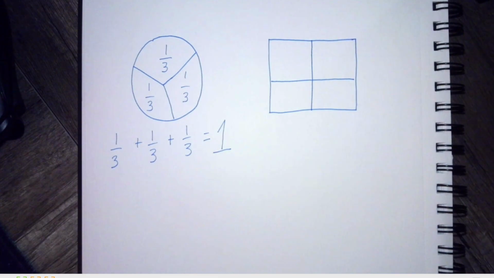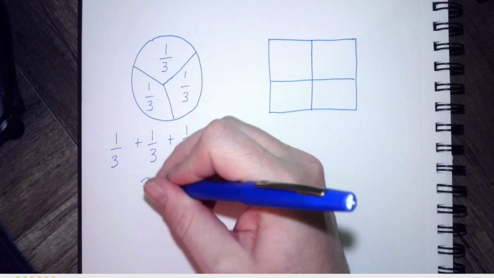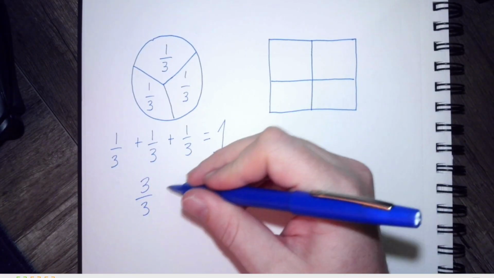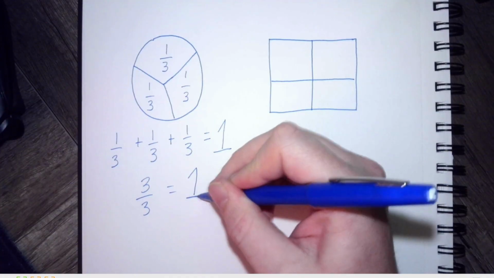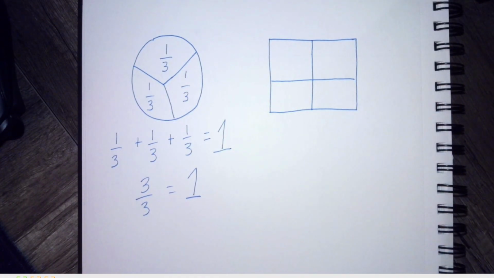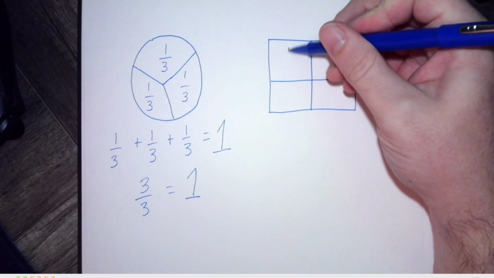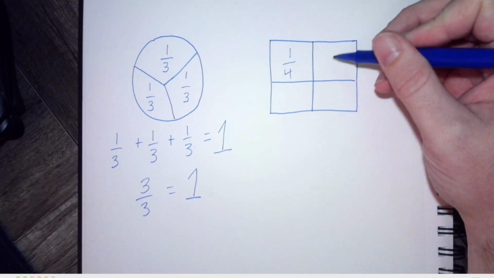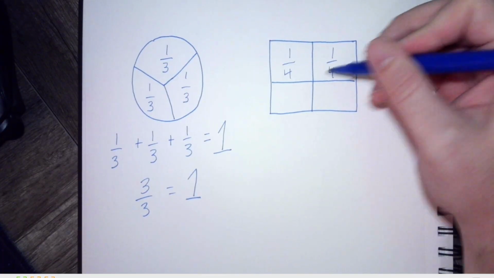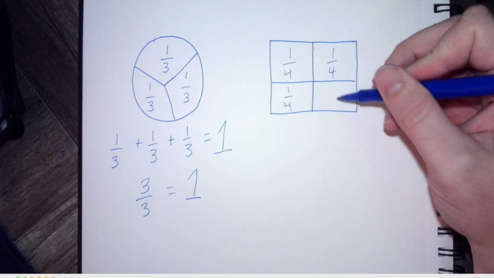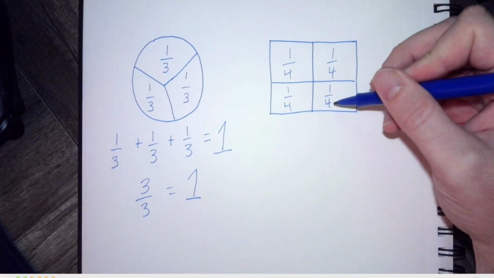Of course, we could also say it equals 3/3, but we know that 3/3 is also equal to 1 whole because you have 3 out of 3, or 1. If we go over here, we see this is 1 out of 4, 1 out of 4, 1 out of 4, and this is 1 out of 4.